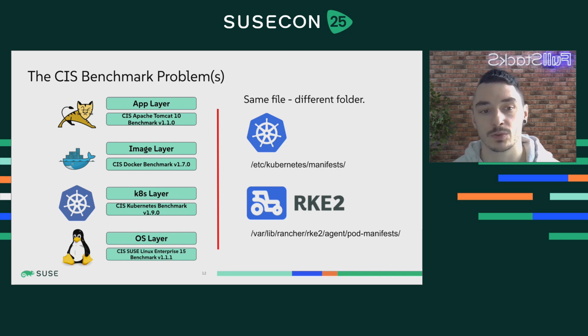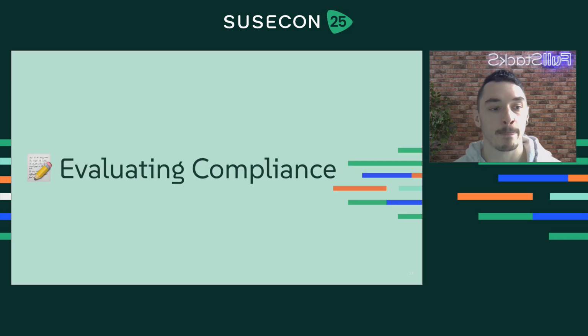And this is especially true for our use case if we want to achieve CIS Kubernetes benchmark compliance for RKE2, since the normal Kubernetes benchmark is focused on kubeadm or upstream vanilla Kubernetes.